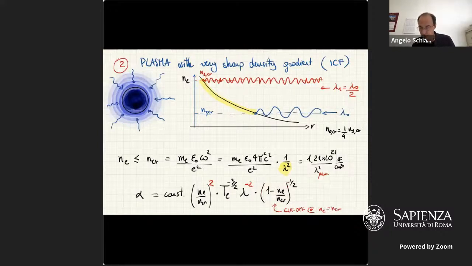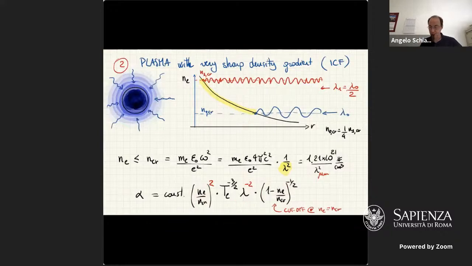So you see that if we compare the alpha coefficient written in terms of the accessible ratio of electron density to the critical density, the dependence of alpha goes as 1 over lambda squared.